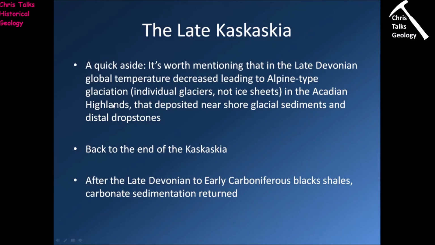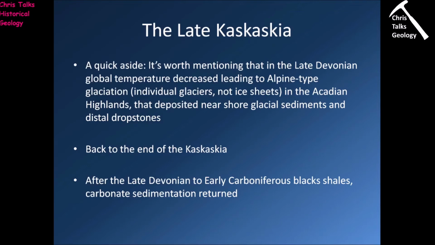Bits of ice will break off in the form of icebergs, and as those icebergs float out into open water, the ice melts and drops larger particles, or larger clasts, as they go along. If you remember, these are referred to as dropstones. So during the late Kaskaskia, we begin to see dropstones appearing within the sediments of the Epiric Sea, and this is telling us that we have glacier formation in the Acadian Highlands.